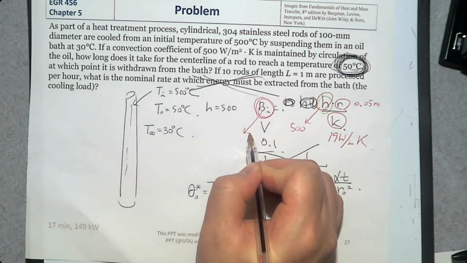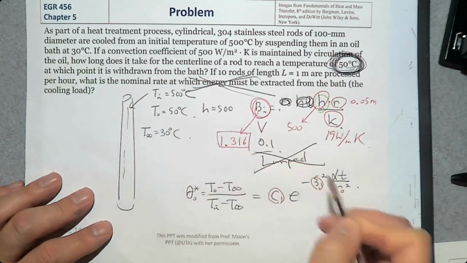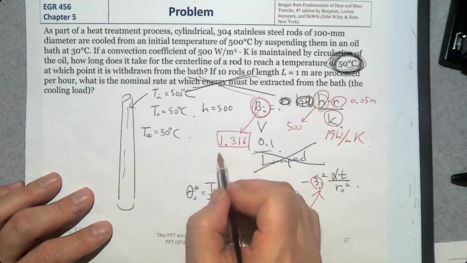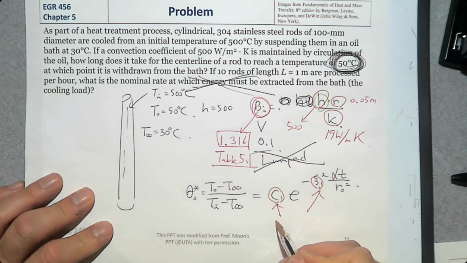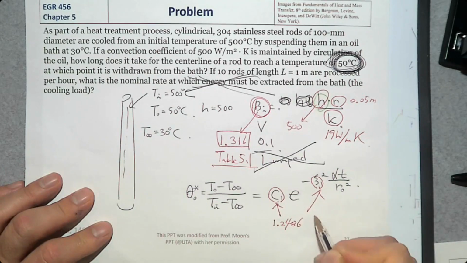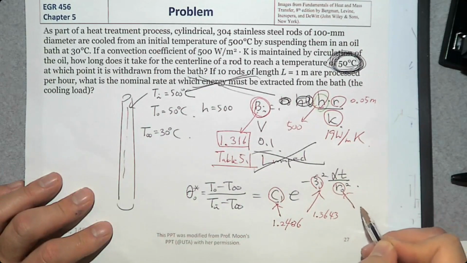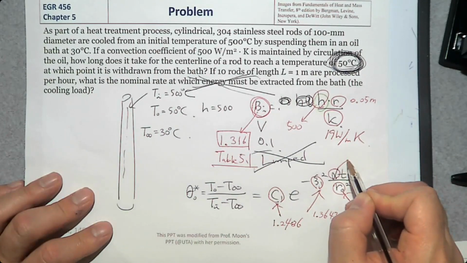By the way, Biot number is 1.316, and the coefficients that you can find from table 5.1 are 1.2486 and 1.3643. Radius is 0.05.